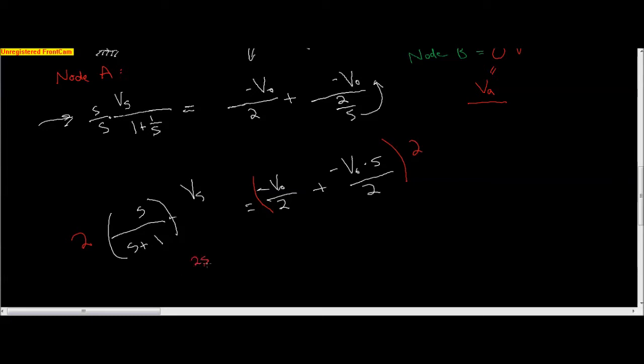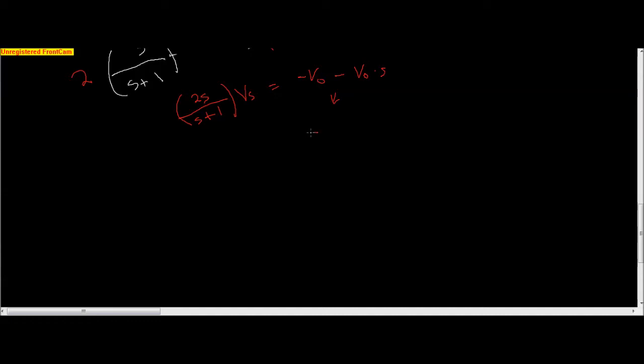So this will be 2S over S plus 1 times VS, and this shall equal negative VO minus VO times S. And obviously we can pull out a VO from here, so this will become negative VO times 1 plus S. Okay, so 2S over S plus 1 VS equals negative VO times 1 plus S.